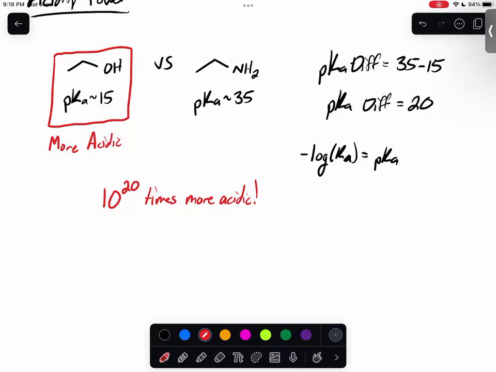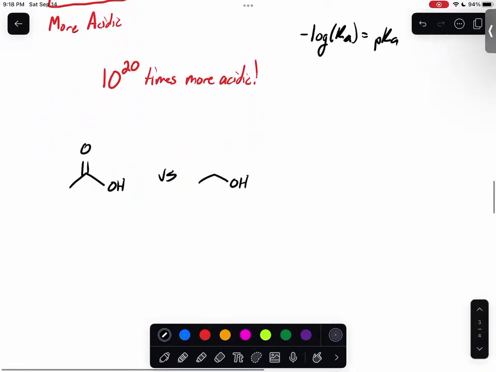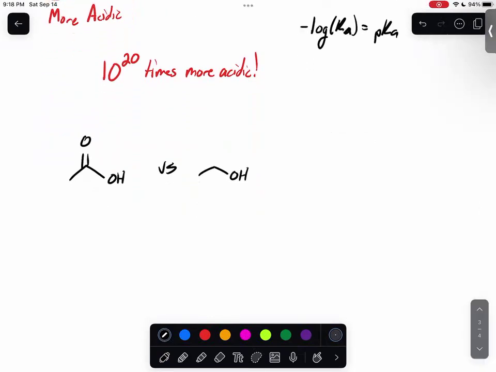Another one that we can look at is, let's say that we were doing a similar comparison with this carboxylic acid versus the same alcohol. For this, we already know that the carboxylic acid is more acidic because upon deprotonation, it's a negatively charged oxygen that can share via resonance to the other oxygen. But using a pKa value, we can find out how much more acidic it is.